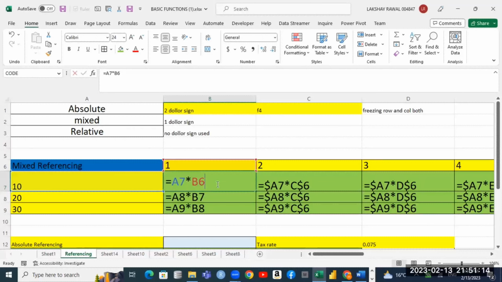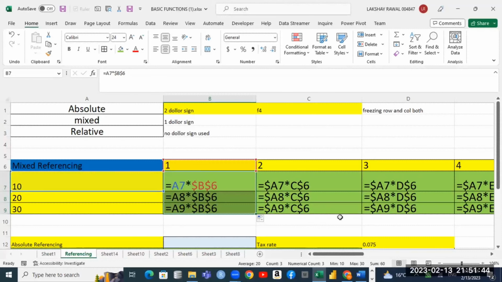And if I freeze both here like this, then what will happen? A7 multiply B6, A8 multiply B6. Any problem in this case, in this particular column? No? A7 multiply B6.